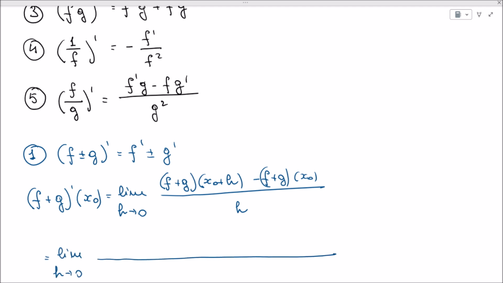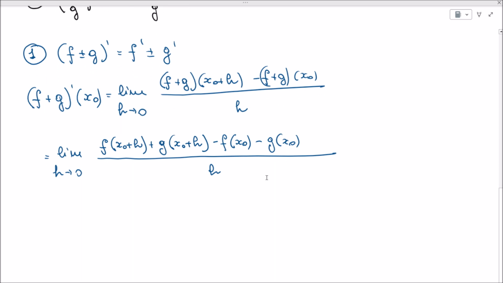which is like saying limit h goes to 0, of course everything divided by h, and f plus g at x naught plus h is simply f of x naught plus h plus g of x naught plus h minus f of x naught minus g of x naught.